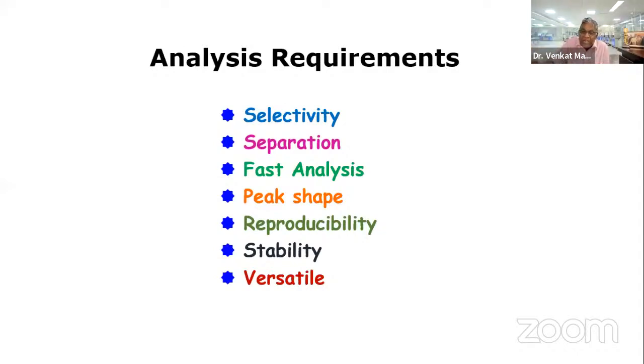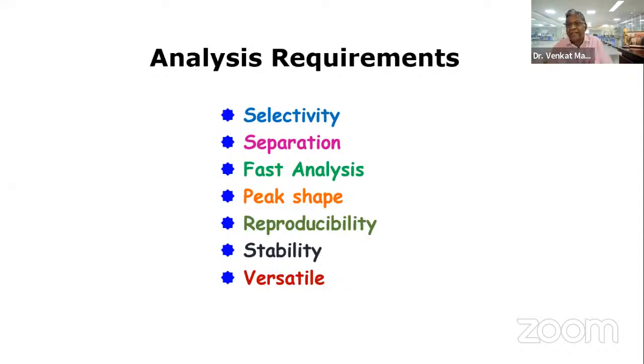So, you have to understand what for you are doing analysis, what are your analysis requirements. Once you define, if you want to focus only on fast, what kind of column should I use? I want to look only for peak shape, what kind of column? I want to see reproducibility and fast analysis, which I can compromise, which I cannot compromise. I am looking for everything? One single column will do for this purpose?